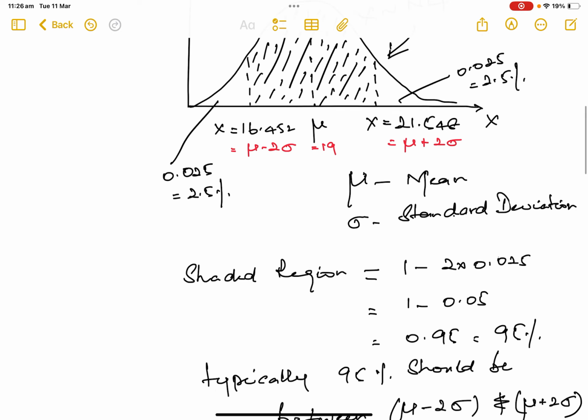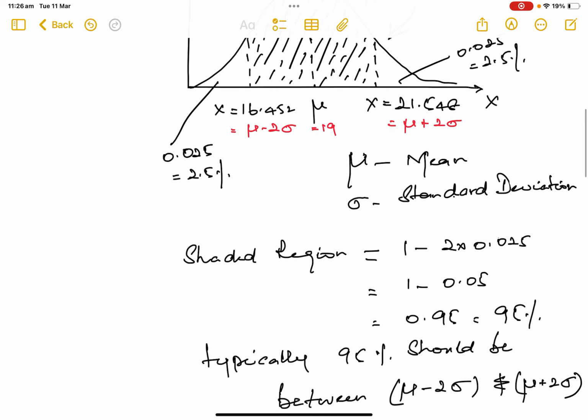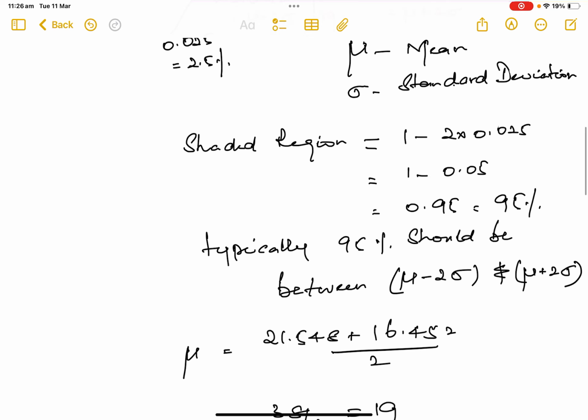The shaded region, as I explained, is 1 minus 2 times 0.025, that is 1 minus 0.05, that is 0.95, that is 95%. Typically for the normal distribution, 95% is between 2 lambda either side.